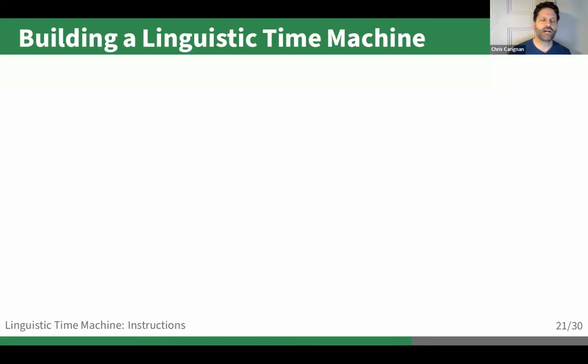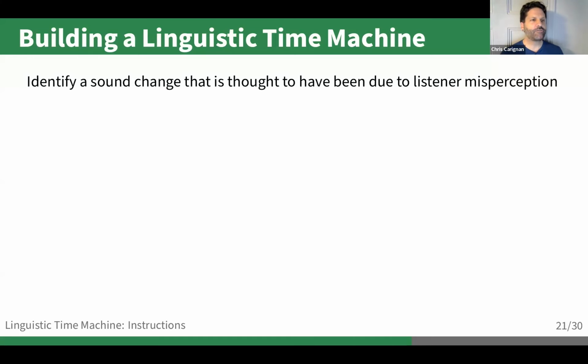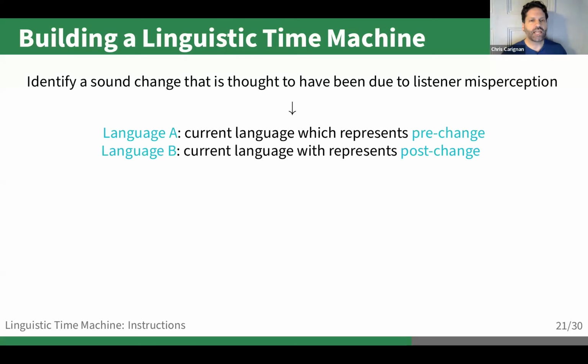The idea in general is that you identify some sound change that we think is due, or was due, to listener misperception, right? So some listener-based sound change. And then you get two languages. What I'm going to call language A is some current language which represents the state of language before that change. Then language B is some current language which represents either the state after the change, or as the change is ongoing. Importantly, these need to be distinct.